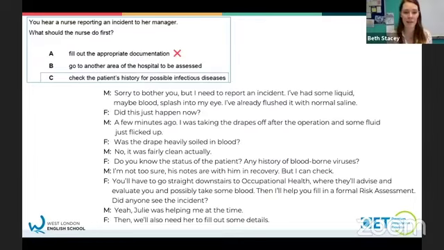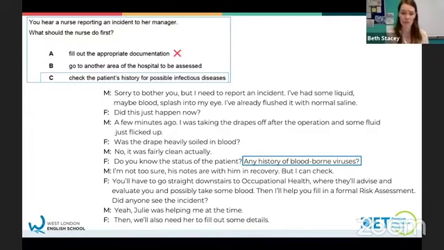Let's have a look at option C, check the patient's history for possible infectious diseases. Can you see anything there about infectious diseases? Hopefully you found this bit, any history of blood-borne viruses. But what you'll notice is she does say, do you know the status of the patient?